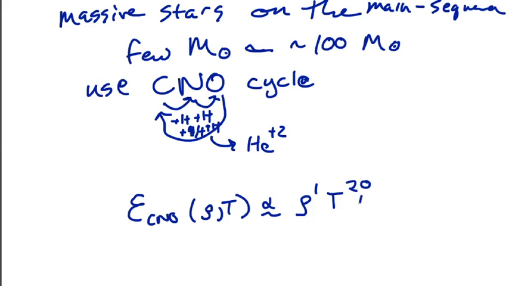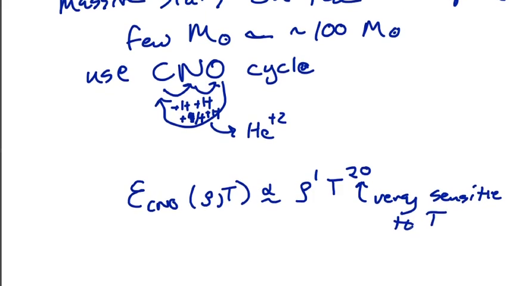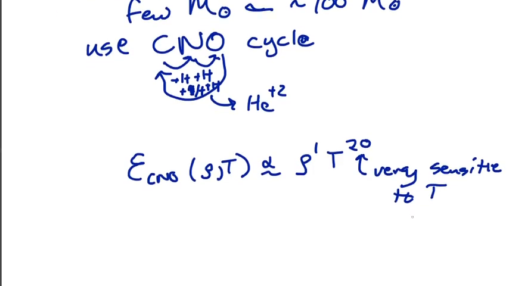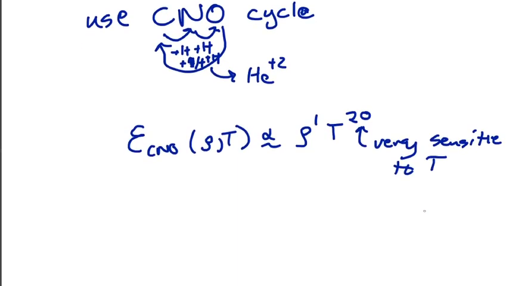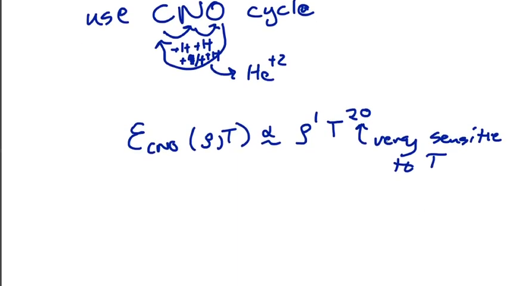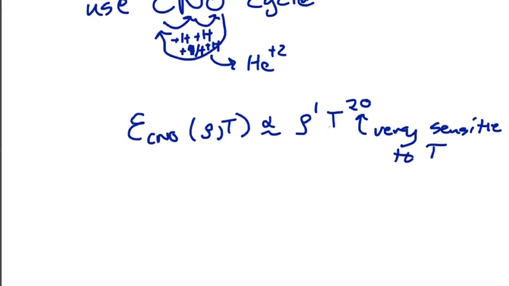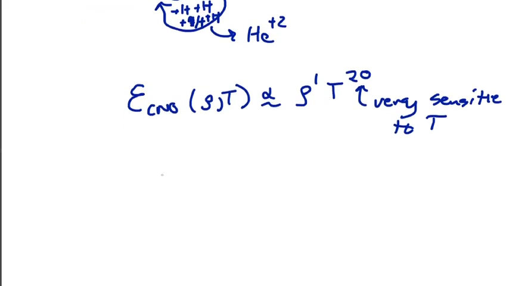And this is very, very sensitive to the temperature T. This is sensitive in 2 ways. One, T to the 20 is just an absolutely strong scaling, but even this power law index of 20 can change if the temperature of the core of the star varies much from about 16 to 18 million degrees Kelvin.